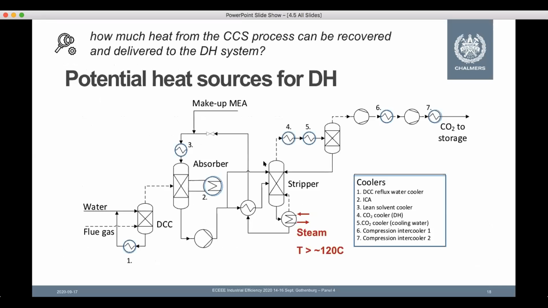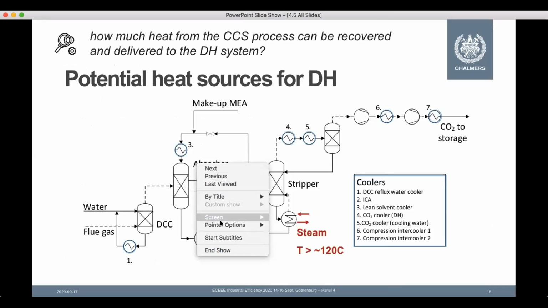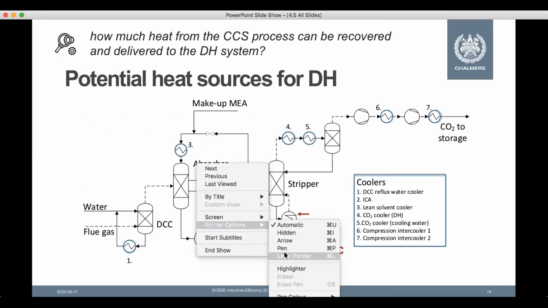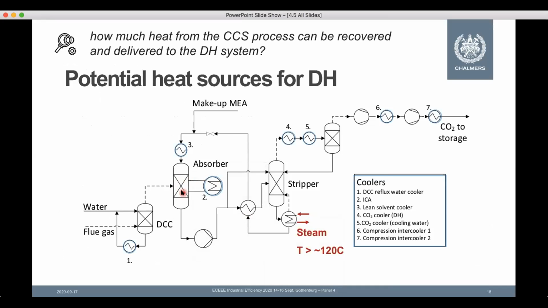First of all, everybody thinks about CCS as a heat sink, and that is of course the case. Here we have a process flow sheet for a typical amine absorption process, where a flue gas containing CO2 is entering the process and is being absorbed in the absorber column via a chemical solvent, so that CO2 enters the liquid phase and is then released in the stripper again.